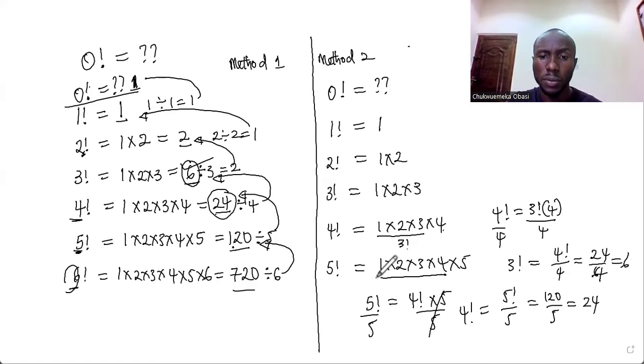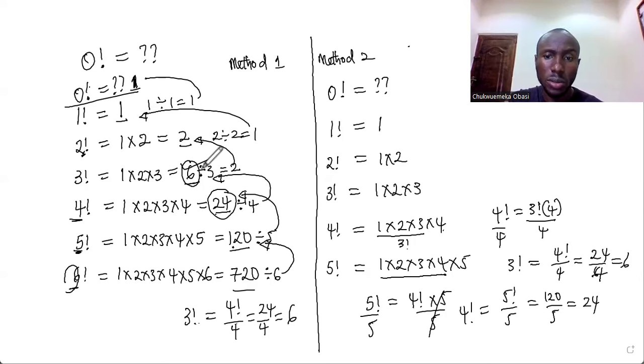So what do you observe? To get 4 factorial, I did 5 factorial divided by 5. To get 3 factorial, I did 4 factorial divided by 4, which is 24 over 4, and that gives me 6.